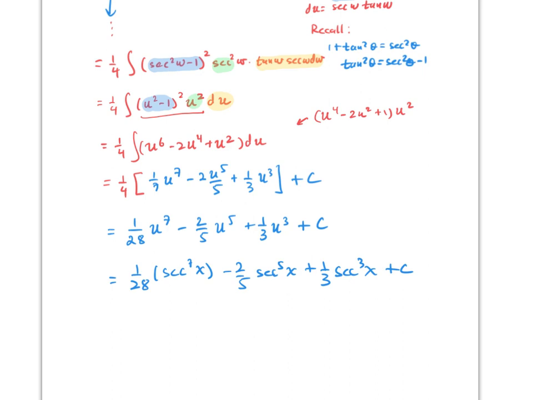So actually I forgot to multiply the bottoms, so therefore this and this have to be changed. This is 12 and this is 20, which you can simplify a little bit more.